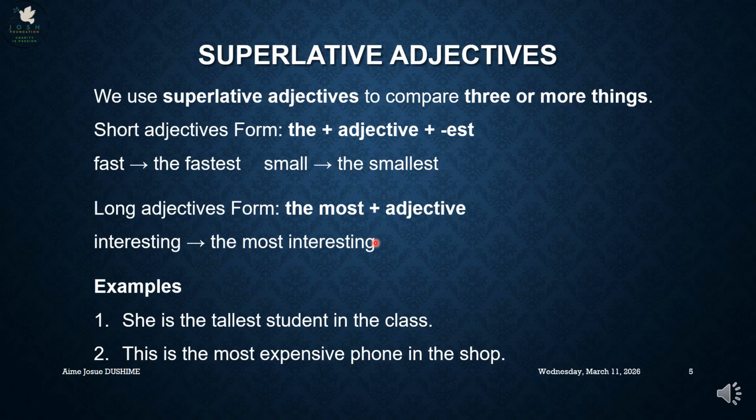And in this case, this is where I do a quick recall. A short comparative adjective is adjective plus er. But a short superlative adjective is the plus adjective plus est. A long comparative adjective is more plus that adjective.